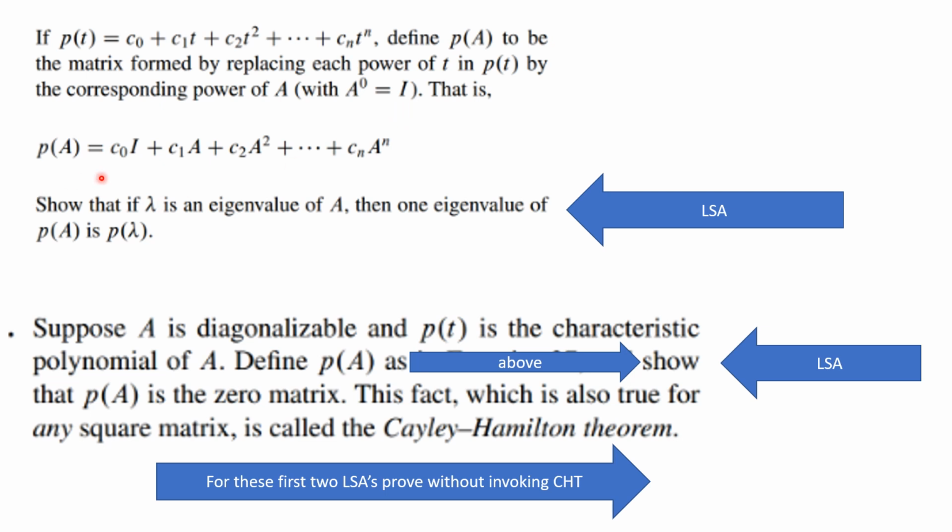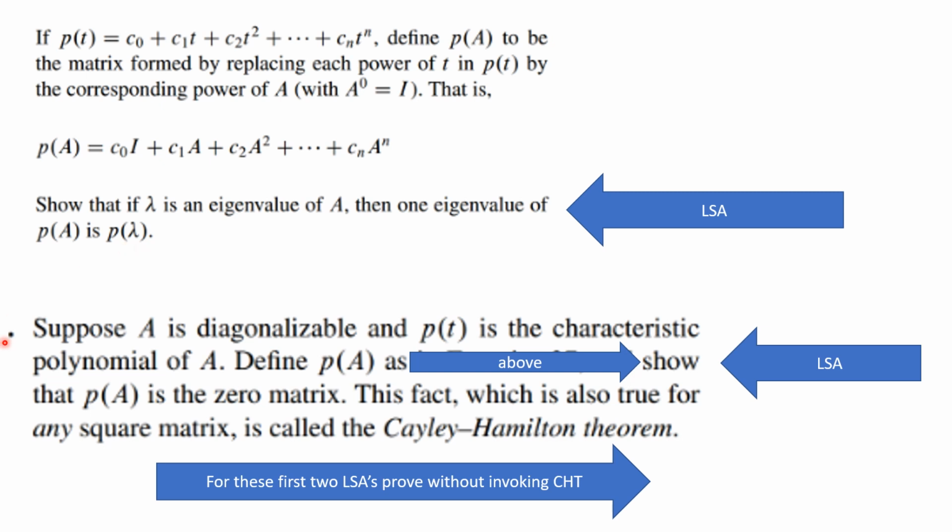So P of A is equal to C0 times I plus C1 times A plus C2 times A squared plus dot dot dot plus Cn times A to the n. The first LSA is: show that if lambda is an eigenvalue of A, then one eigenvalue of P of A is P of lambda.